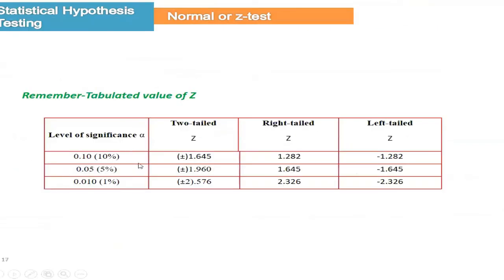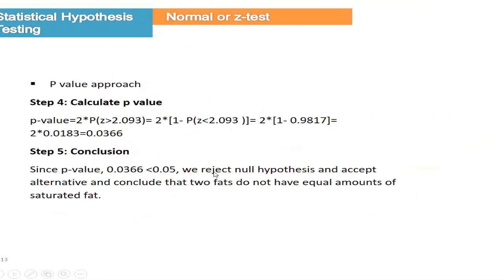For 10% level of significance, the tabulated value for two-tail, plus or minus, is 1.645, about 1.65. For 5% level of significance, it is 1.96, and for 1% level of significance, it will be 2.576.